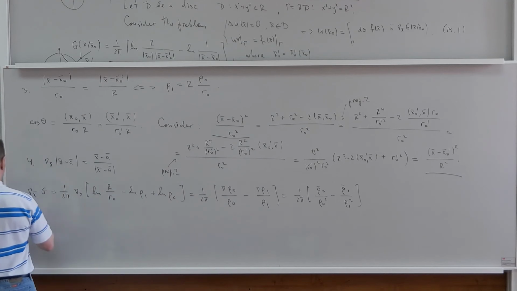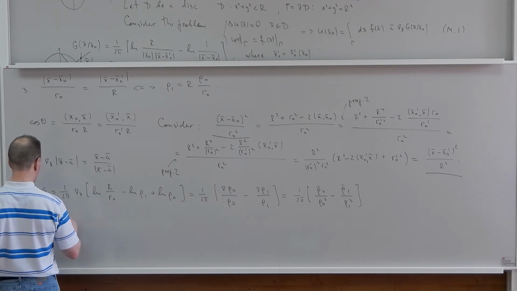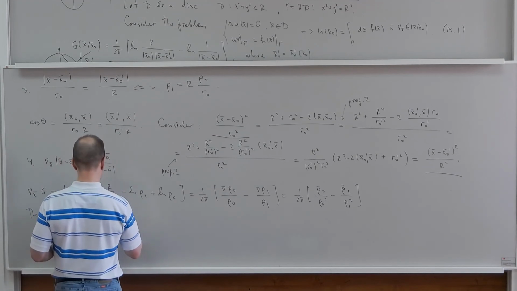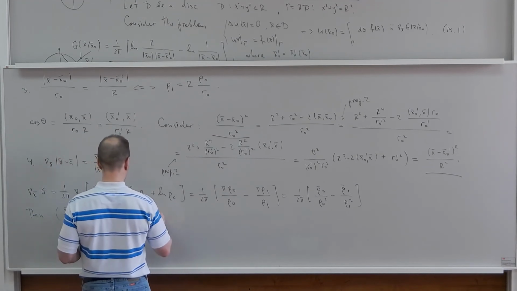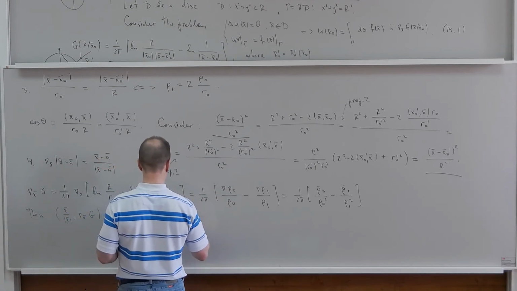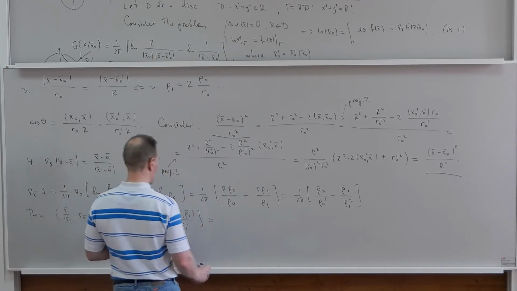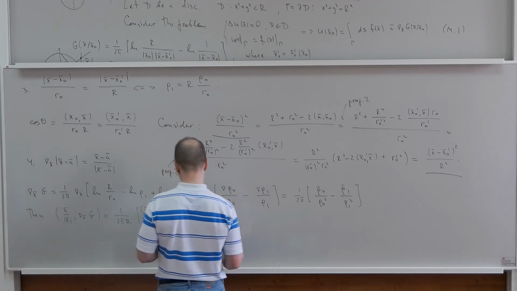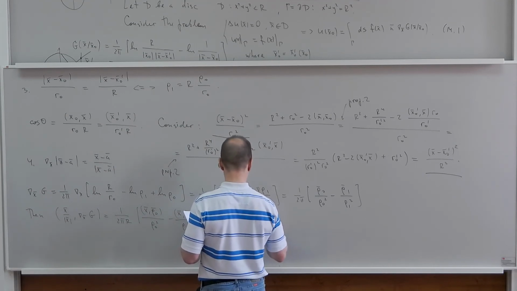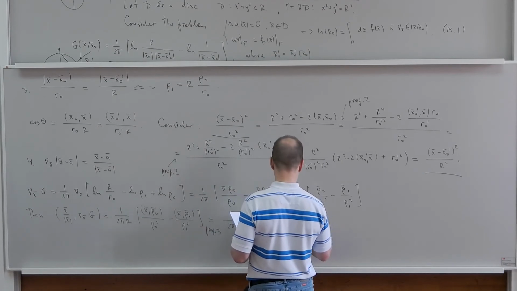Then the scalar product takes the form, using property 3, and we can write it in this form.